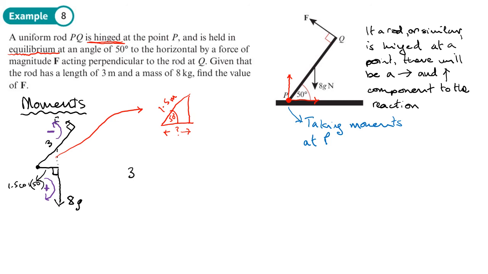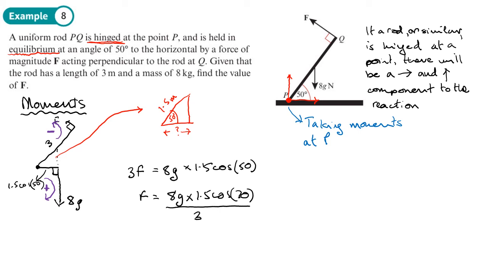So 3F equals 8g times by 1.5 cos 50, which means that F equals, well, basically that divided by 3. Okay, and we can just type that in on our calculator as I see it.